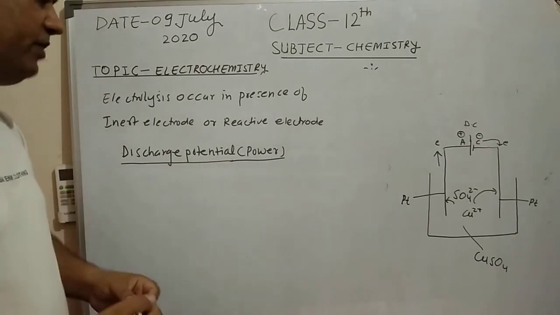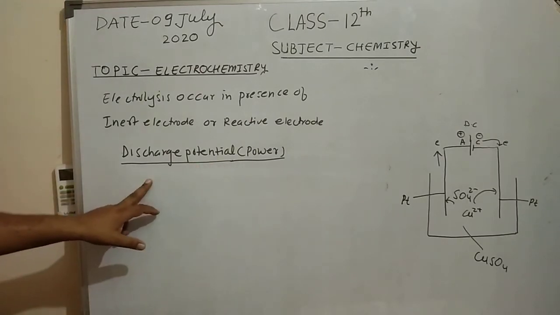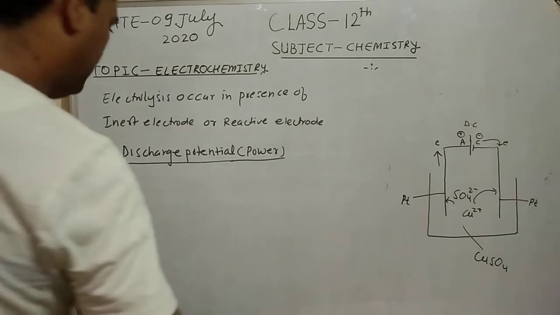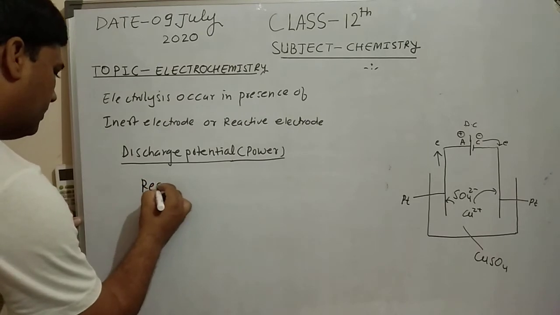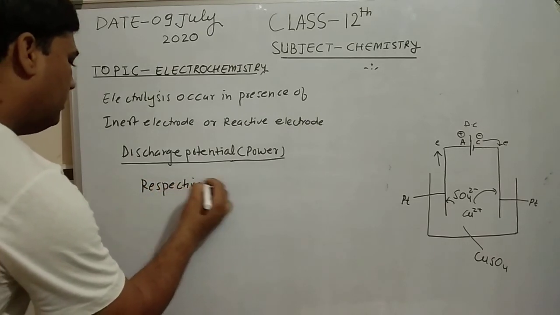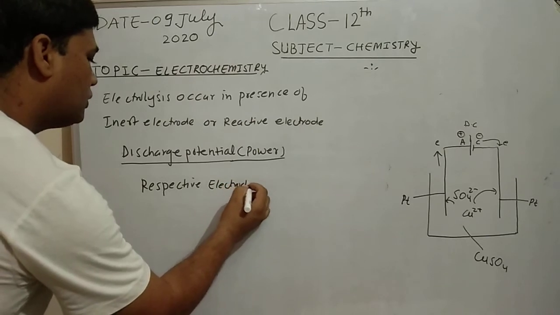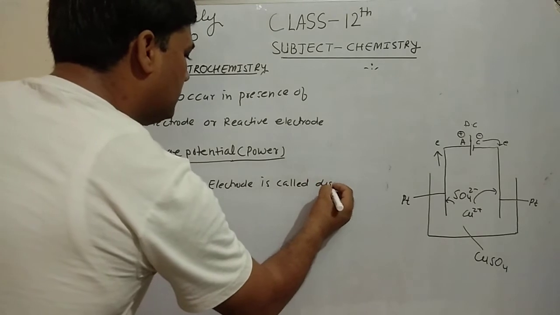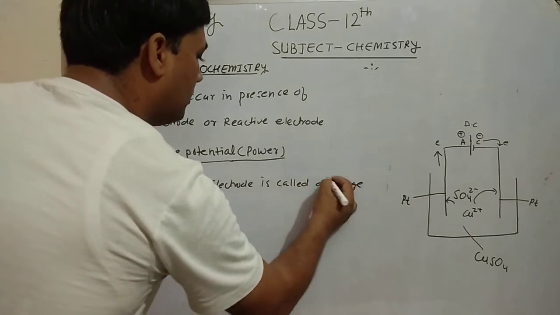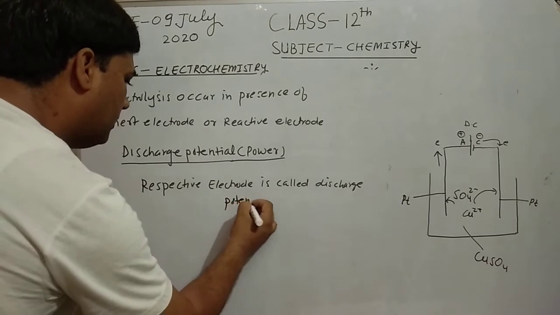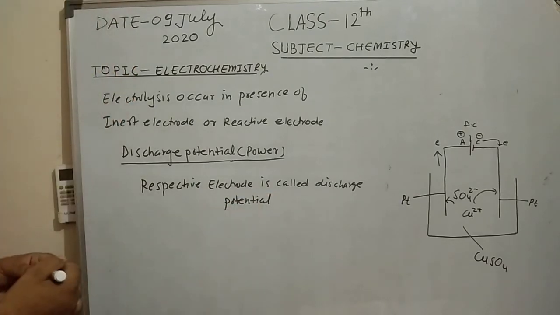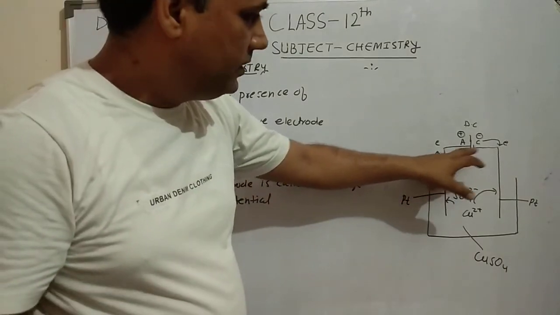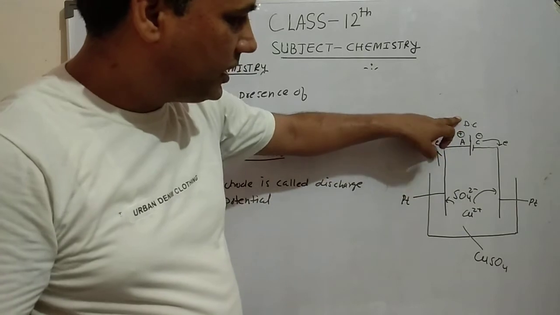Discharge potential may be defined as the potential of an ion, cation or anion, to move towards the respective electrode. So here we can see this is anode and this is cathode and the electric source is DC.